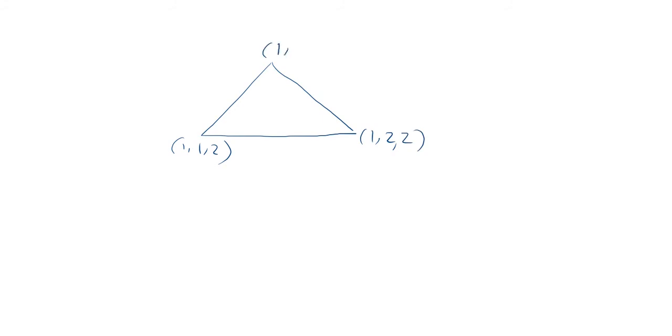We'll see an example. Consider a triangle with coordinates 1, 1, 2, 1, 2, 2, and this is 1, 3, 4. So if this is the vector, then for example I will take this as 2, 3, 4. So if this is the triangle, we have to find the area of this triangle, and the area vector will always be perpendicular to this surface.